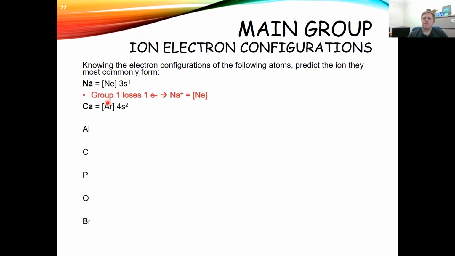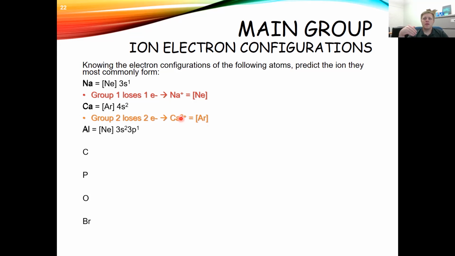For calcium, it's just 2 electrons away from argon's electron configuration. So it'll lose those 2 electrons to become calcium 2 plus, and it'll be isoelectronic with argon. So everything on the periodic table in the same column as sodium likes to lose 1 electron. Everything in the same column as calcium likes to lose 2 electrons.